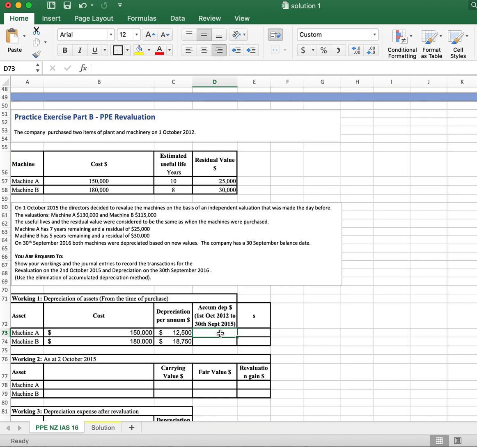Okay, so we've got 3 years worth of depreciation. So how much is accumulated? It's that times 3. Okay, and that one has depreciated the annual amount times 3. Okay, so that gives us that.